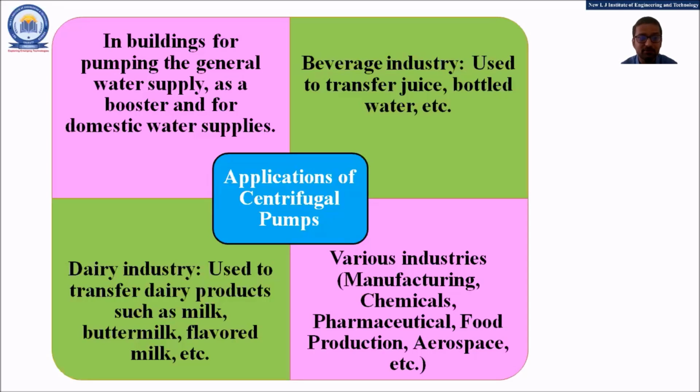Also, the centrifugal pumps are used in the dairy industry for transferring dairy products such as milk, buttermilk, flavored milk, etc. But in the dairy industry, in context of the centrifugal pumps, we are not correlating the flow rate. So these are some of the important applications of the centrifugal pump.